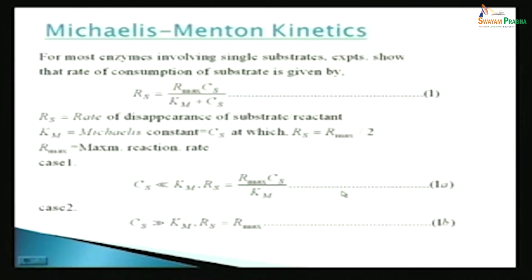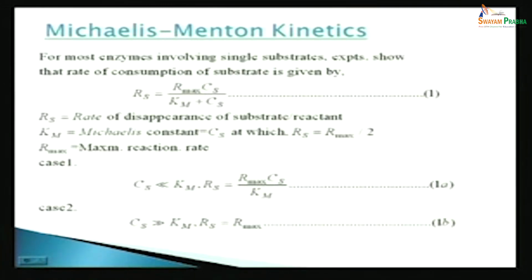So a final wrap up for today: what is the kinetics that enzyme follows? The kinetics that enzyme follows is known as Michaelis-Menten kinetics. It's a very well-known kinetics, and what it says is about the rate of reaction.